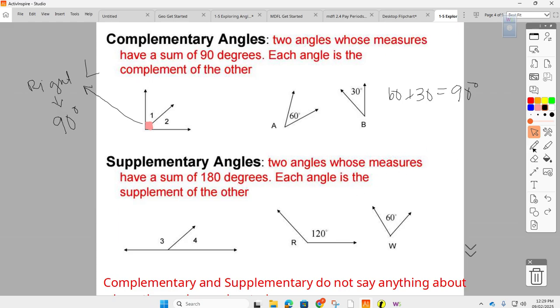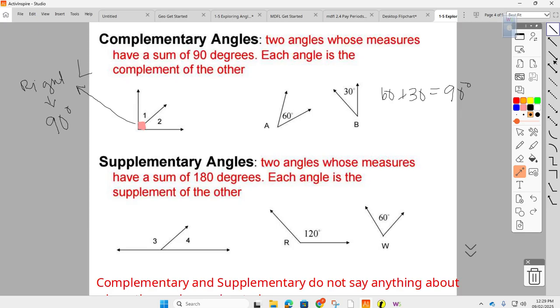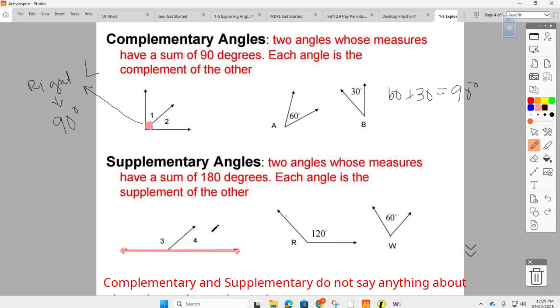We learned about straight angles, which we call lines. How many degrees does a line have? 180, right? It is technically a straight angle. We call them lines. We have to know that lines have a measure of 180 degrees. So we're looking at this line here. This line could be considered as two opposite rays, right?